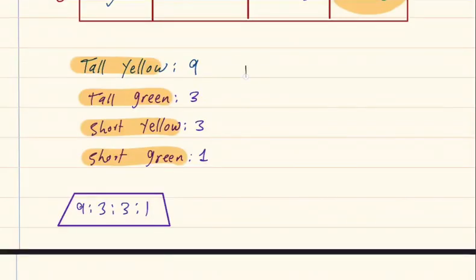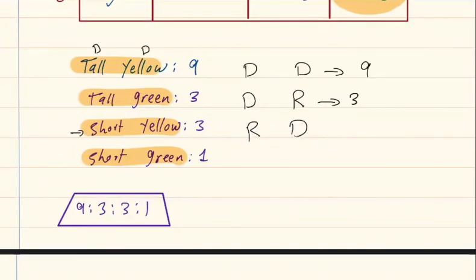Now these 4 phenotypes will be like this. We have dominant characteristics, they will be 9. Tall, dominant, yellow, dominant will be 9. We have tall, dominant, and green, which is recessive. That's going to be 3. Then the one after it, we have recessive, which is short, and we have yellow, which is dominant, and it's going to be 3.